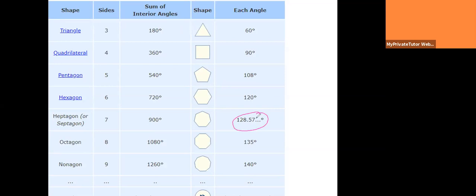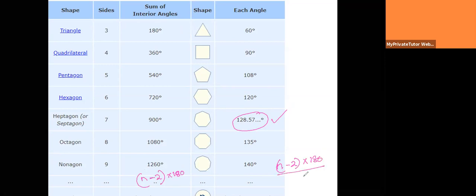The formula, if you want me to write it again: (n minus 2) times 180 to find the total, and to find each angle, (n minus 2) times 180 divided by the total sides, which is n.